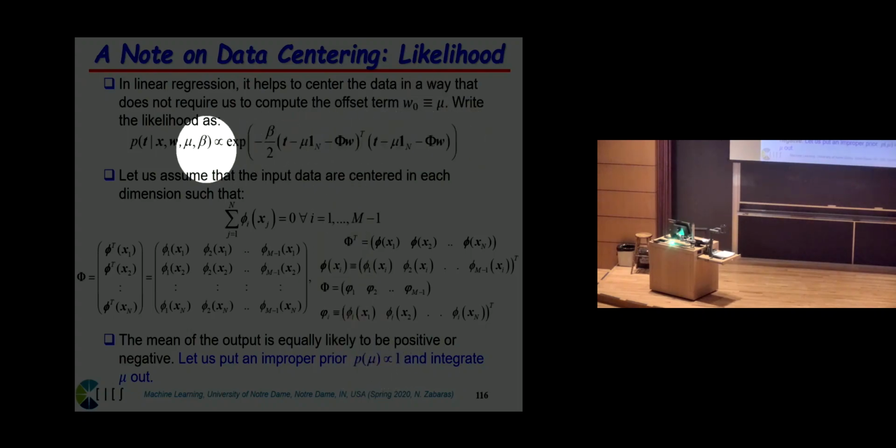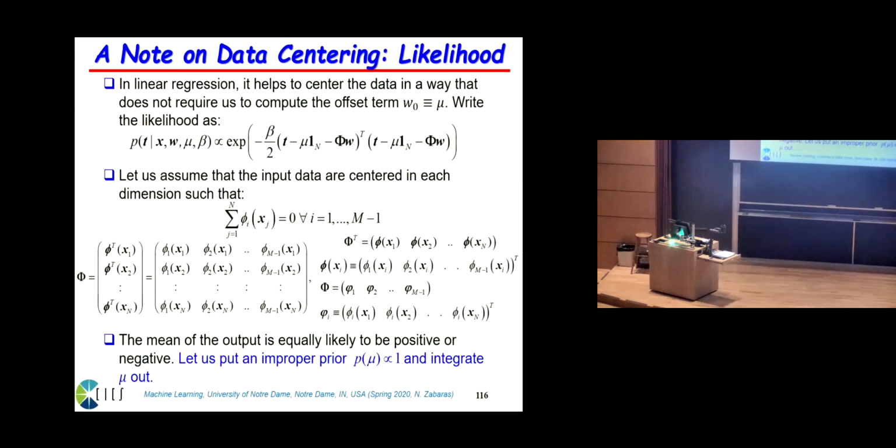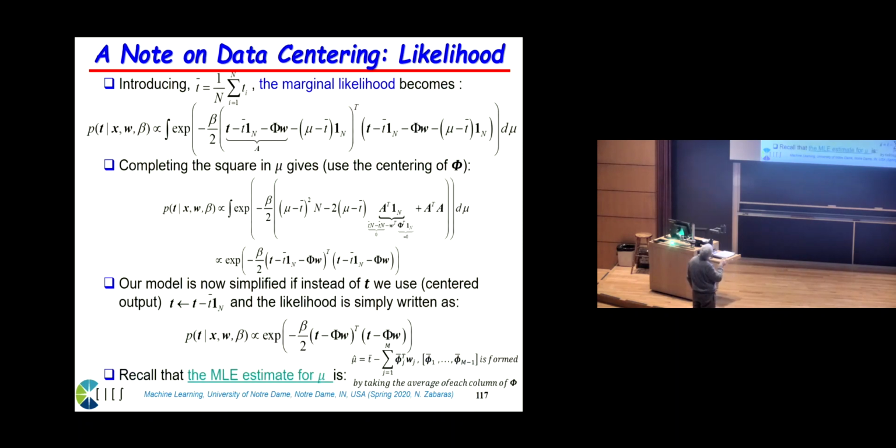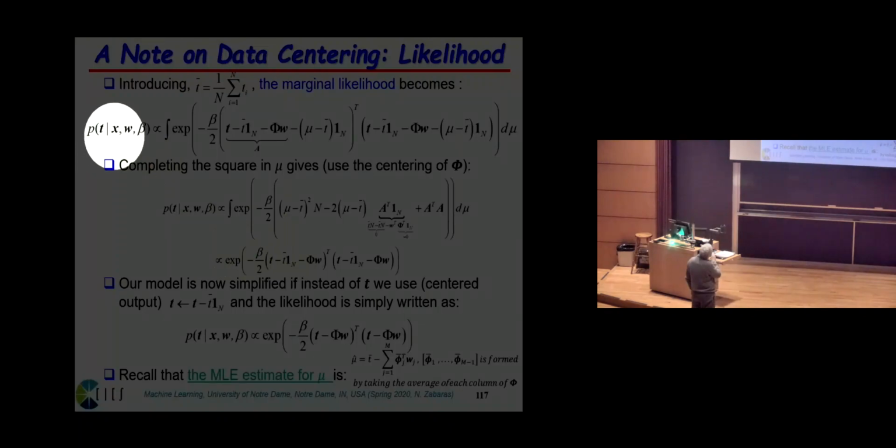We're going to use this equation, and effectively, we're going to write the joint distribution of T and mu, and we're going to integrate mu out. Notice here, in my likelihood, there is no mu. This is the marginal likelihood. What you see here is the joint distribution of T and mu times the prior of mu, which is 1, and then I integrate mu out.